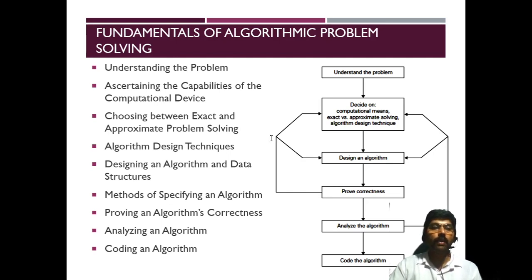In the next step, we have to choose between exact and approximate problem solving. Here the question arises: if there is exact problem solving, why do we need approximate problem solving? We have to make some decisions about whether to use approximate or exact. In some situations we have to select approximate problem solving.